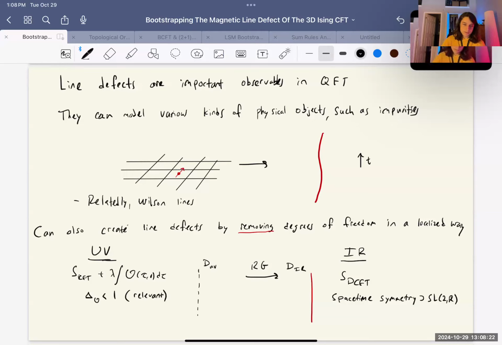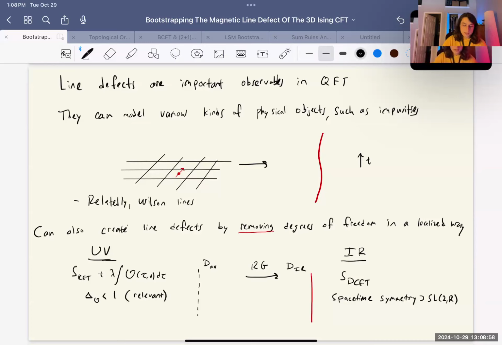Actually, the development of RG was helped along by the study of defects, when people like Wilson were trying to understand the Kondo problem. Indeed, if I have a defect in some bulk, I can do RG on the bulk and defect degrees of freedom in a very analogous manner to how I do it when the bulk is clean and I'm just doing a normal kind of RG flow.